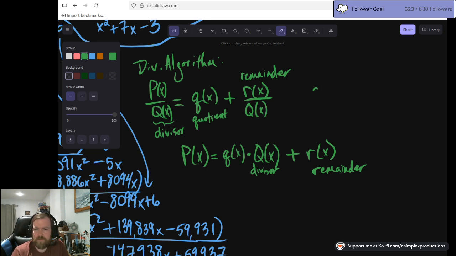You do have to have the usual caveat here where big Q of x cannot be 0. Something that gets you 0 in the denominator isn't going to work, so we just can't let that happen.